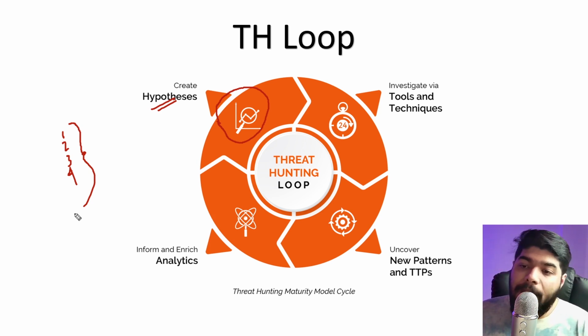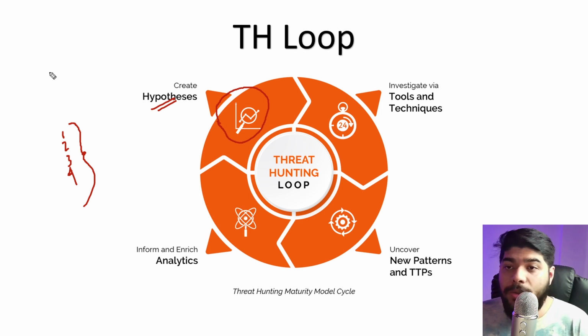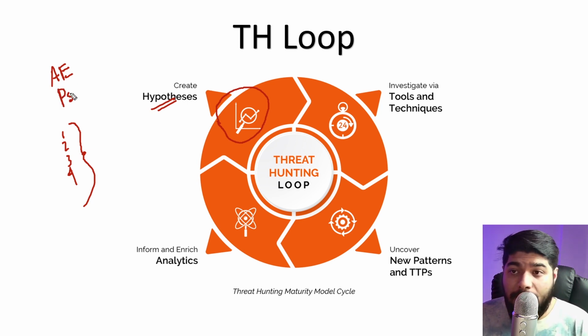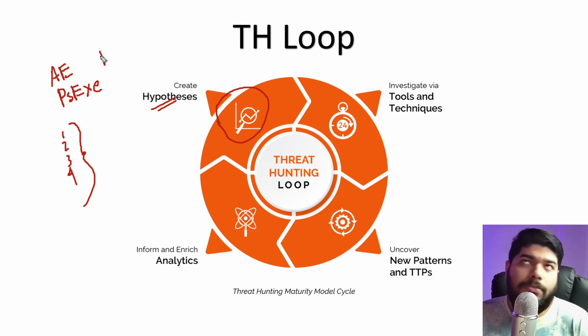Okay, so let's say Lapsus group, right? We talked about Lapsus. What they basically do, they use AD Explorer. Okay, they use something like PsExec. If you are in the community or in security, you obviously know what these tools are. They also use a tool called ProcDump, or rather they do not use that, but they use Process Hacker, right?